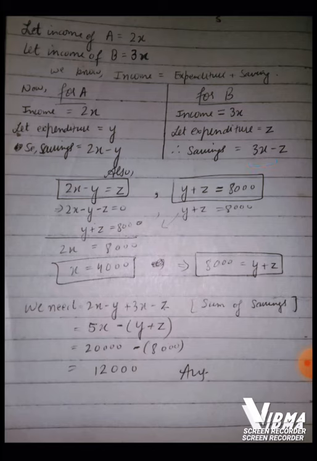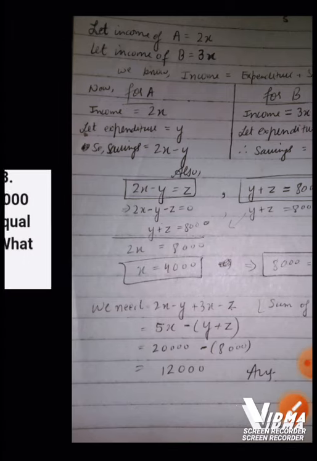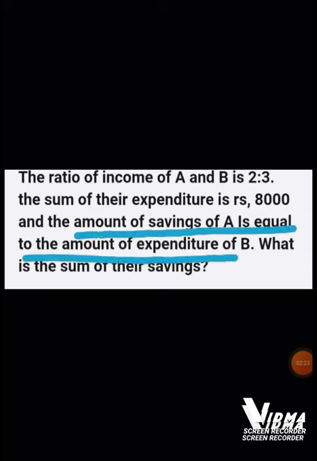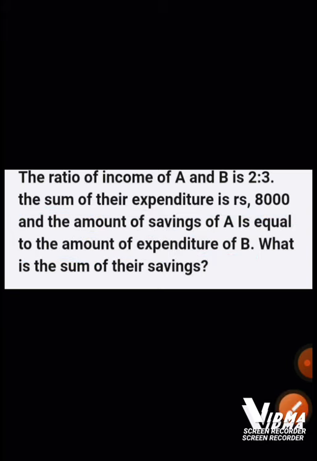Next, as we can see in the question, we are given that the amount of savings of A is equal to the amount of expenditure of B, and the second thing is that the sum of their expenditure is rupees 8,000.